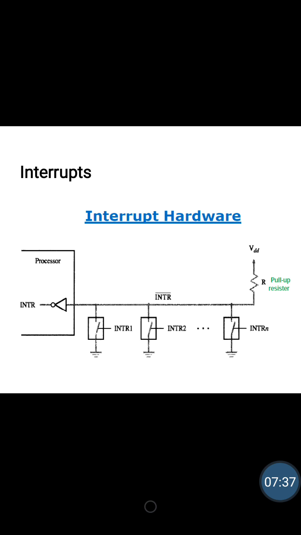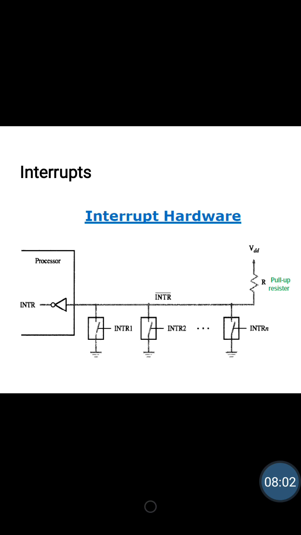Now assume that D2 sends an interrupt request. D2 is the device connected to INTR2, and at that time it closes its switch. When the INTR2 switch is closed, the voltage VDD flows towards the ground and the INTR bar line becomes 0.